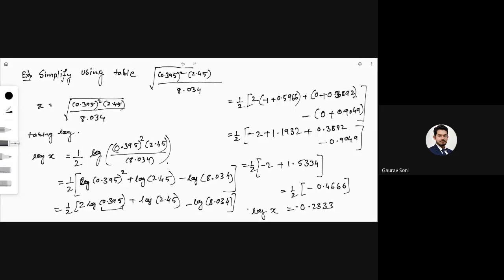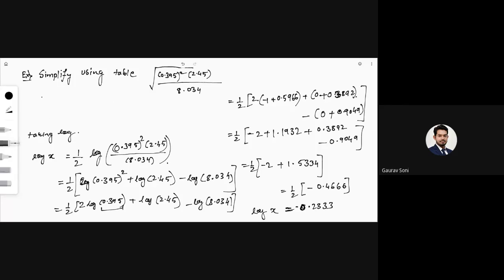Now, what is the problem here on the right hand side? You have characteristic negative as well as mantissa negative. This is actually minus 0.2333. Before I take the anti-log, I will have to convert it to positive. So I will add 1 and subtract 1 there.